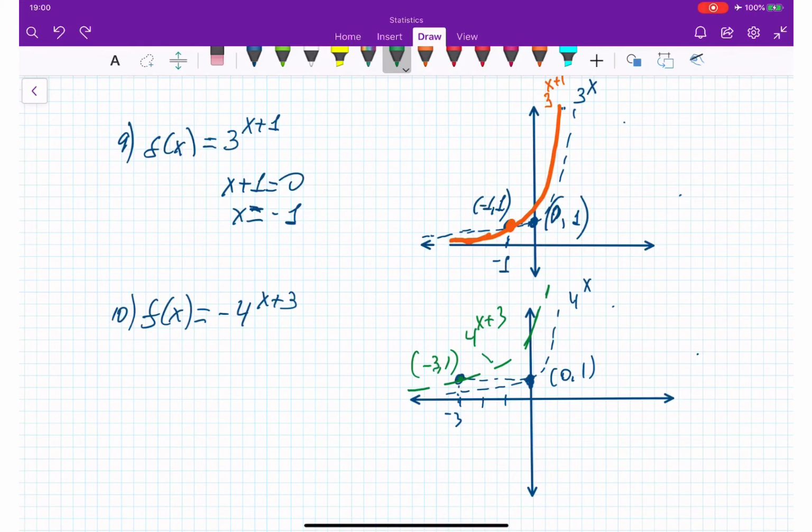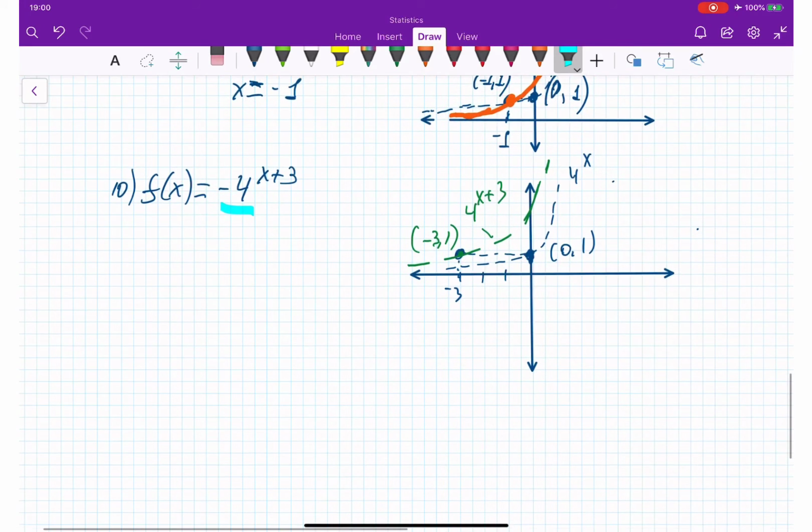Now it's time to deal with negative 4. We're going to take this green one, 4 to power x plus 3, and flip it across the x-axis. It's going to go through the same point, so instead of negative 3, 1, it's going to go negative 3, negative 1. So the graph is going to go like this.